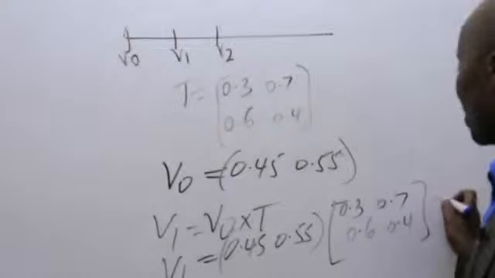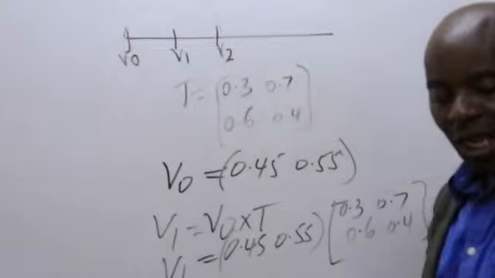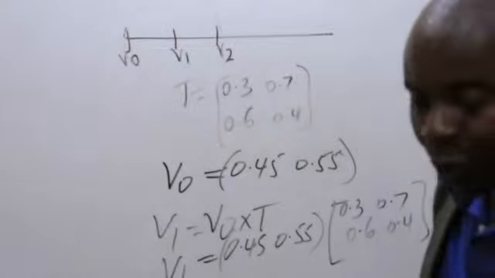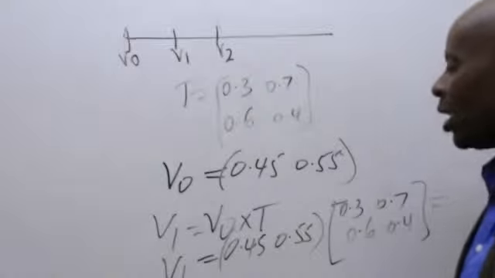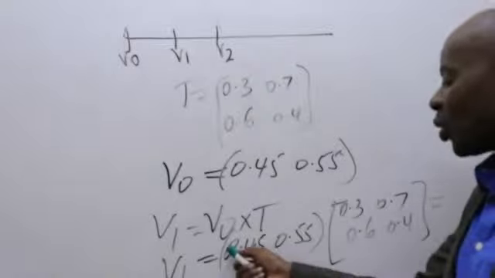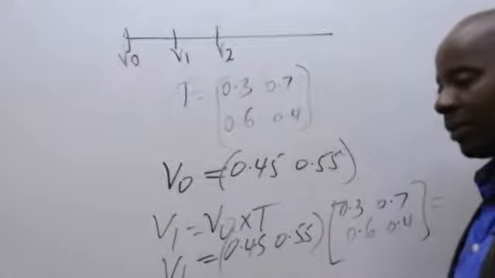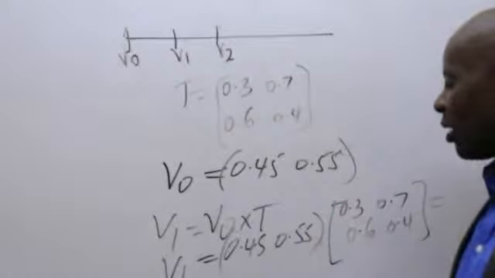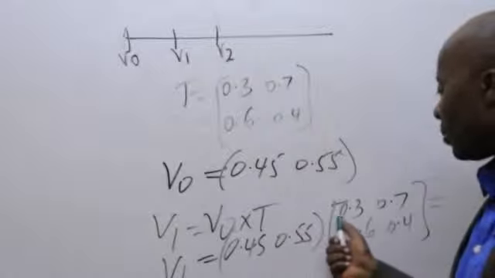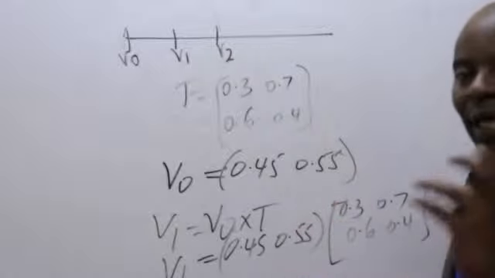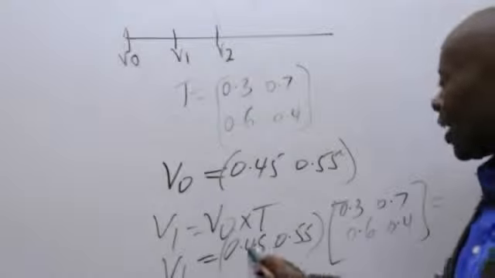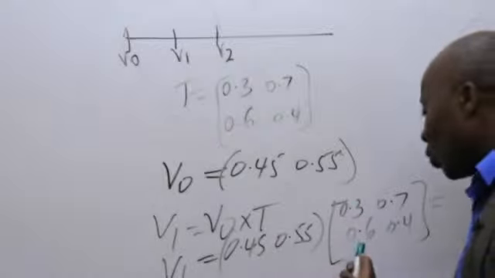With this information, I should be able to do my multiplications very easily. Remember, when multiplying, it's all about a row and a column. So what do we have here? It's 0.45 times 0.3, plus 0.55 times 0.6: first one's multiplied plus second one's multiplied.